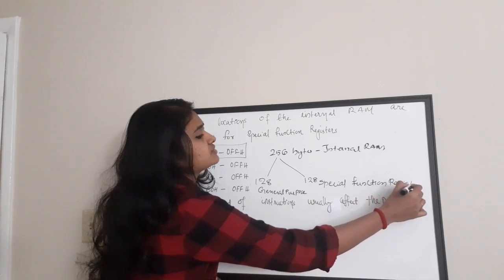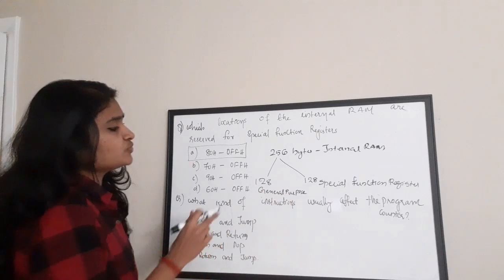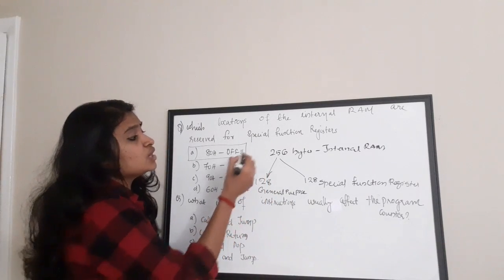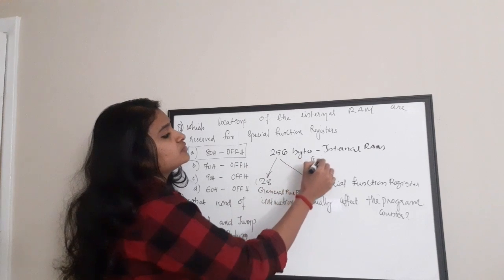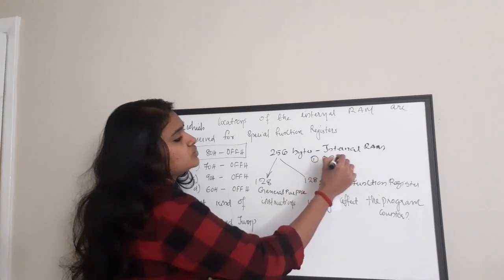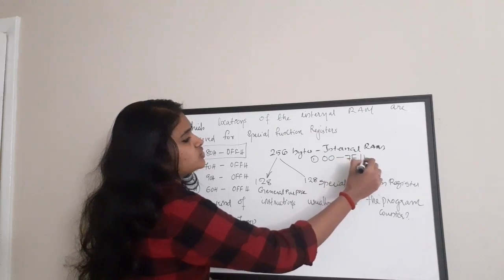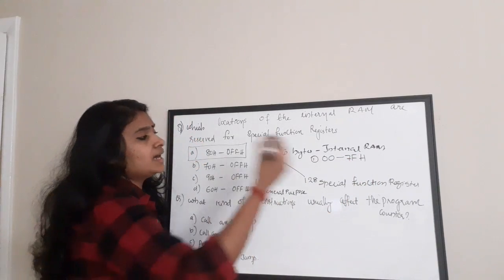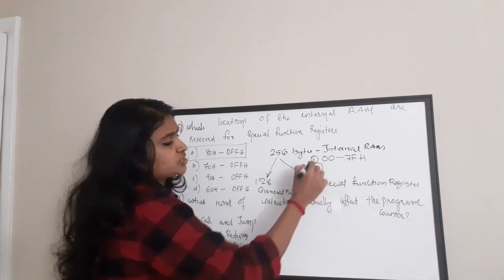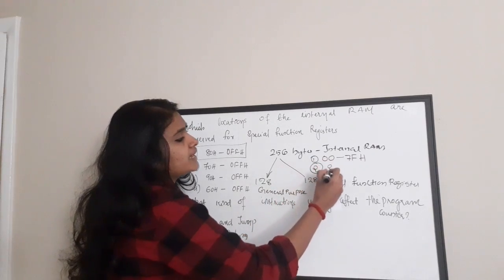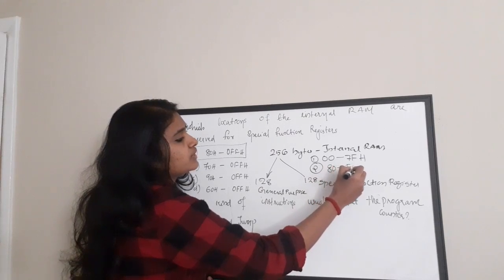Now the memory locations for the general purpose registers are from 00 to 7FH, and the special function registers, that is the second one, are from 80 to FFH.